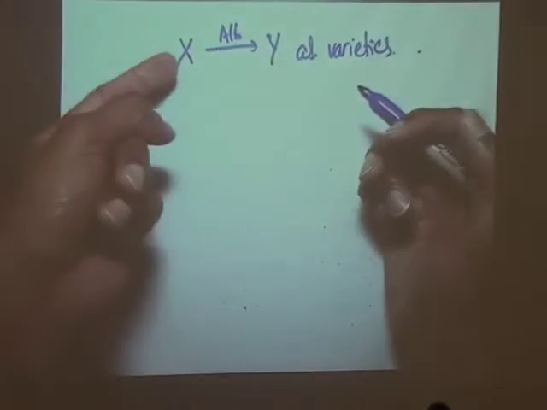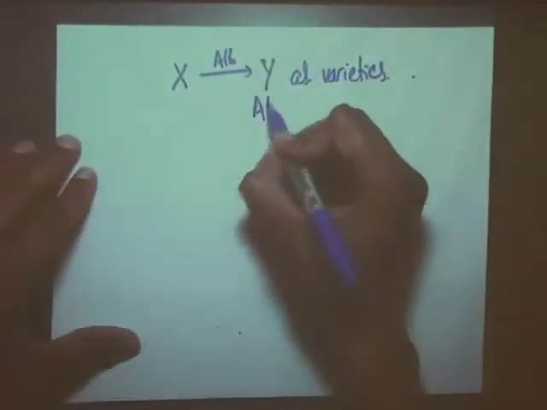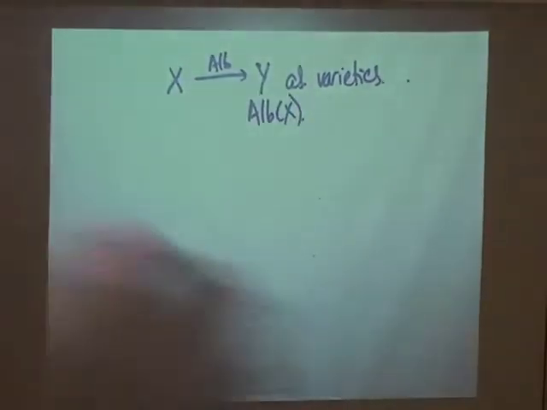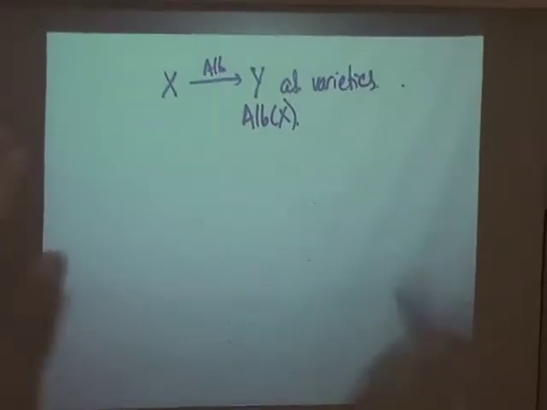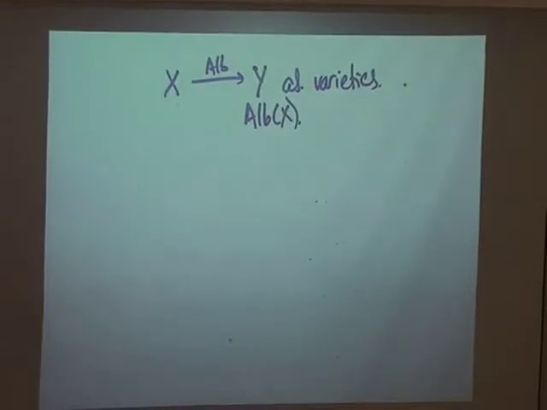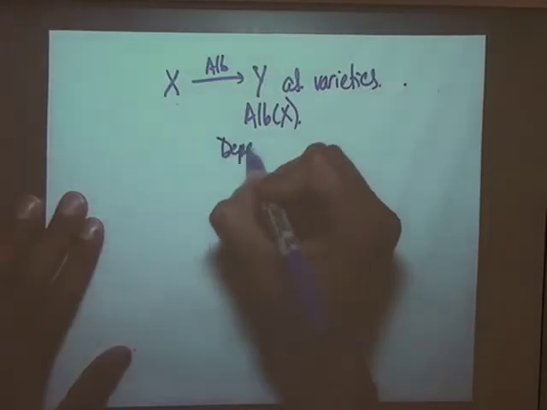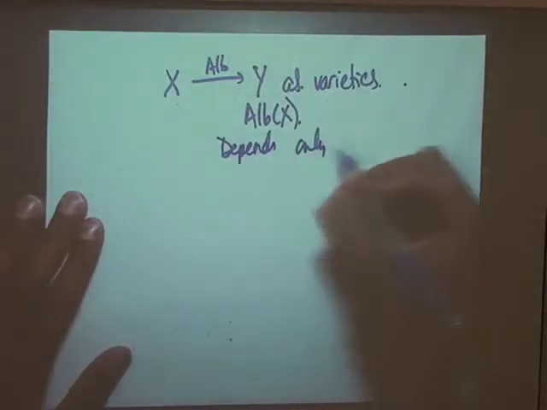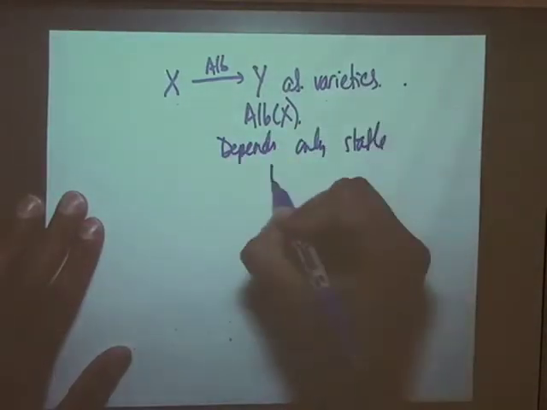This construction plays well with product: the Albanese of the product is the product of the Albaneses. And even better, it depends only on the stable birational type.